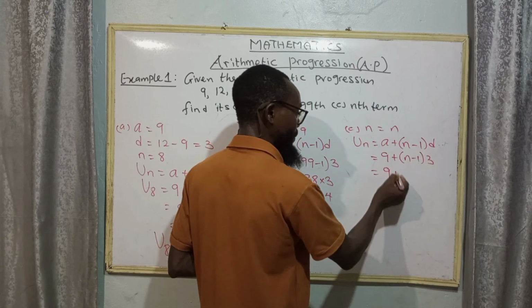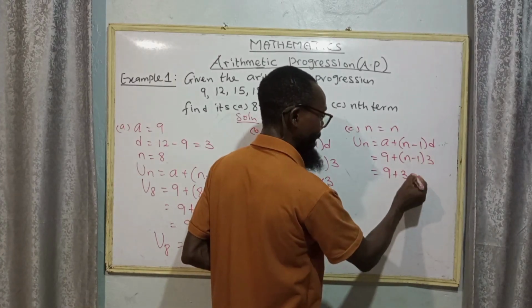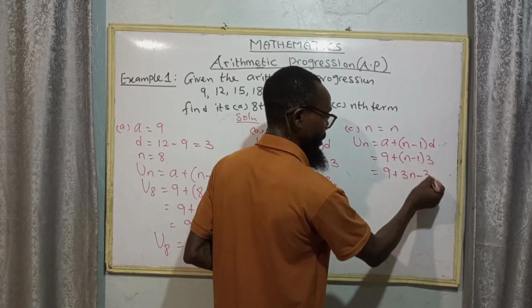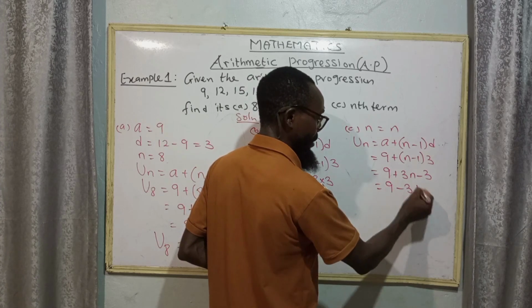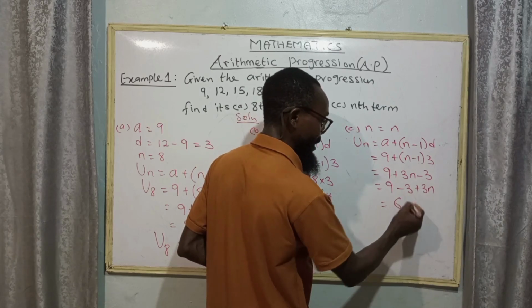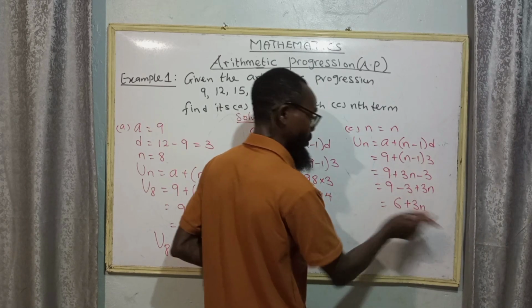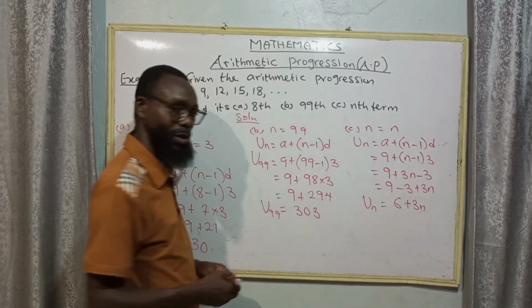So we have 9 plus, opening the bracket, 3n minus 3. Collect like terms: 9 minus 3 is 6, plus 3n. There's nothing more we can do, so our Un equals 6 plus 3n.